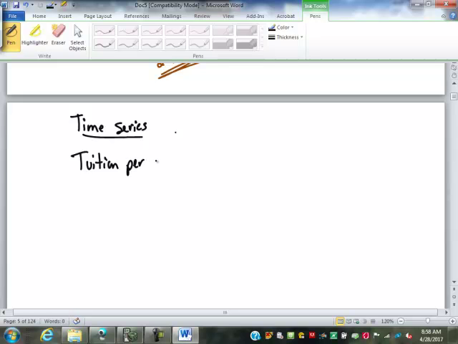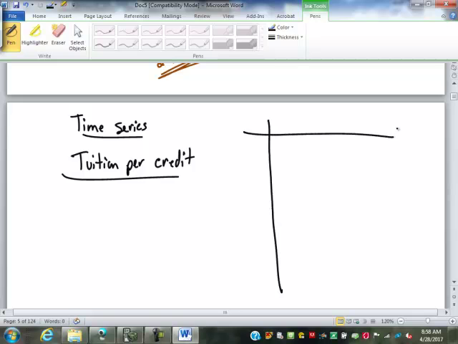So we might be looking at tuition per credit. So what you would pay as a student for 1 credit at WITC. Well, in the table, let's say we have years here and the cost. And then let's say we'll go 2000, 2005, 2010, and 2015.